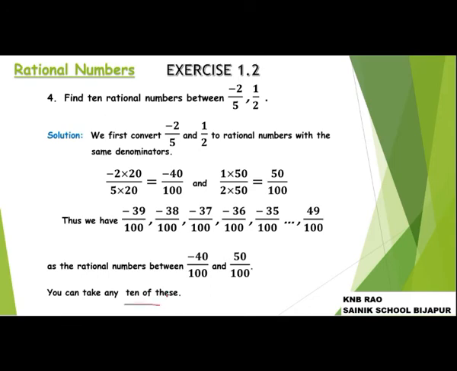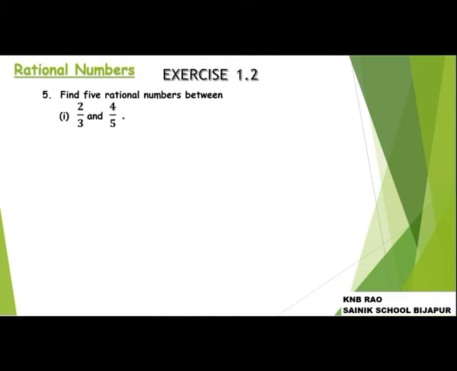Now fifth question. Fifth question is find 5 rational numbers between 2 by 3 and 4 by 5. How to find 5 rational numbers between 2 by 3 and 4 by 5? Same procedure we will adopt. We will write both the given rational numbers with the same denominator.